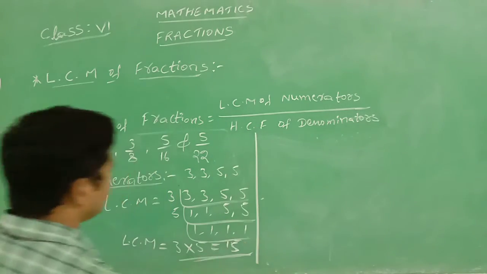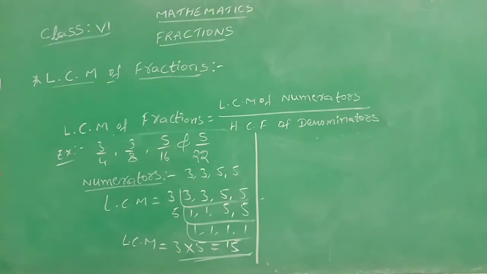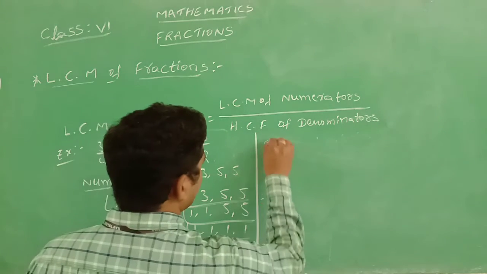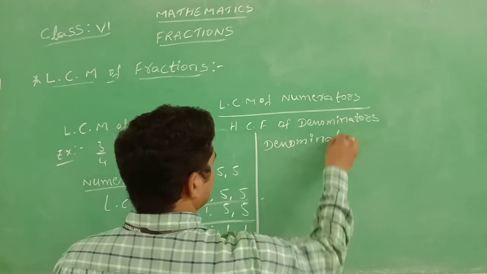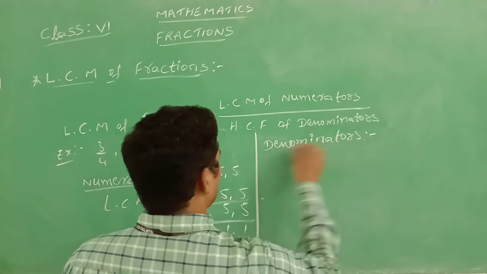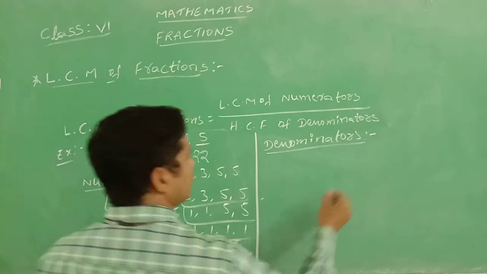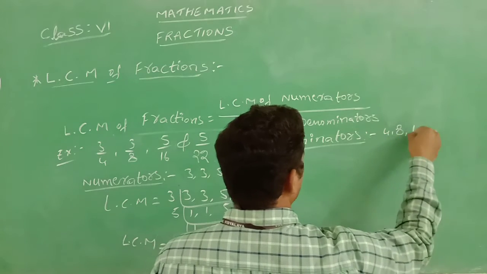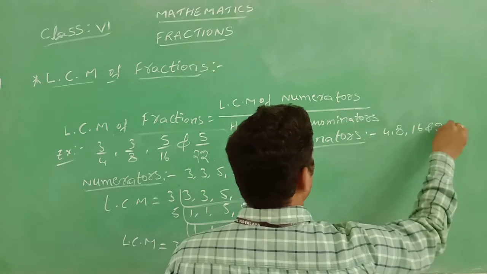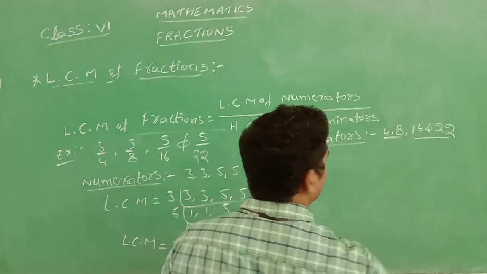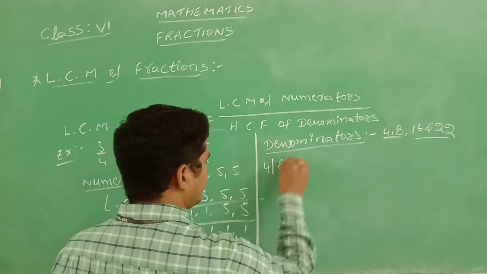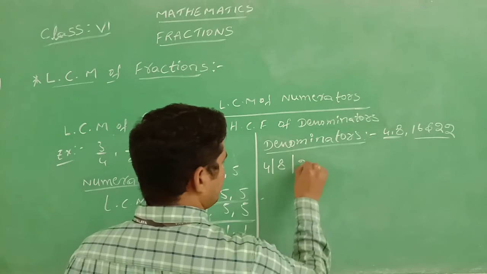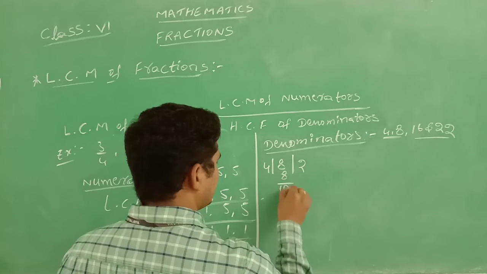Next we need to find the HCF of the denominators. The denominators are 4, 8, 16 and 22. First we take them as two pairs. For the first pair, 4 and 8, we find the HCF. 4 2s are 8, 0 is the remainder.